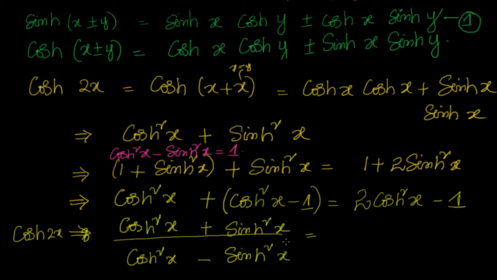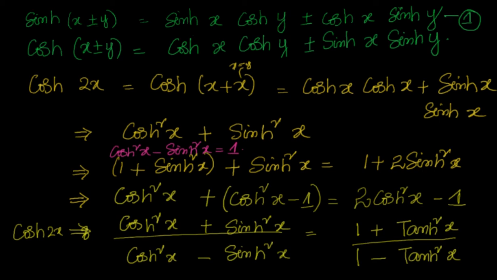Now, if I divide this whole equation by cosh²x, I will end up with (1 plus tanh²x) divided by (1 minus tanh²x). And you can see this is exactly the reciprocal of cos 2x. Cos 2x is (1 minus tan²x) by (1 plus tan²x), whereas here cosh 2x is (1 plus tanh²x) by (1 minus tanh²x).